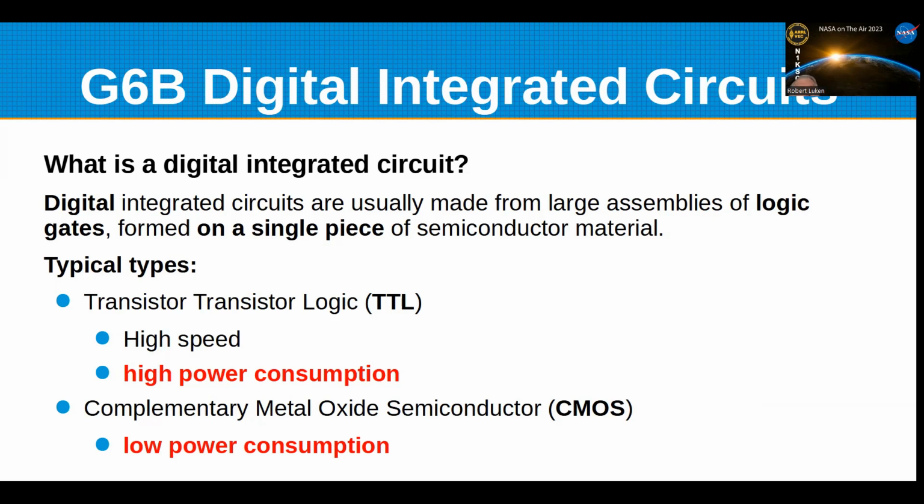Typically, and I guess TTL is kind of phasing out, but it's still around. There was a thing called RTL in the beginning, resistor transistor logic. That got replaced with transistor logic. And it gave you relatively high speeds, but it was high power consumption.